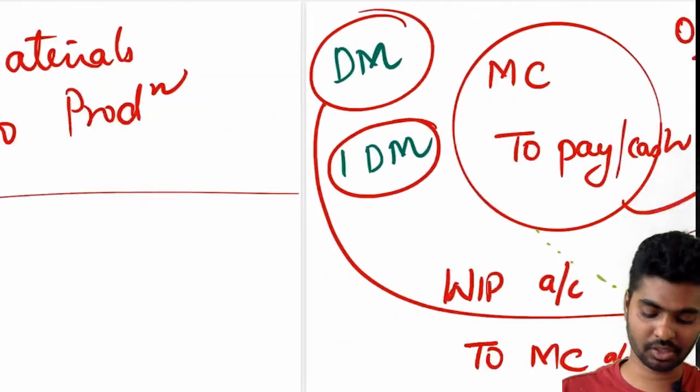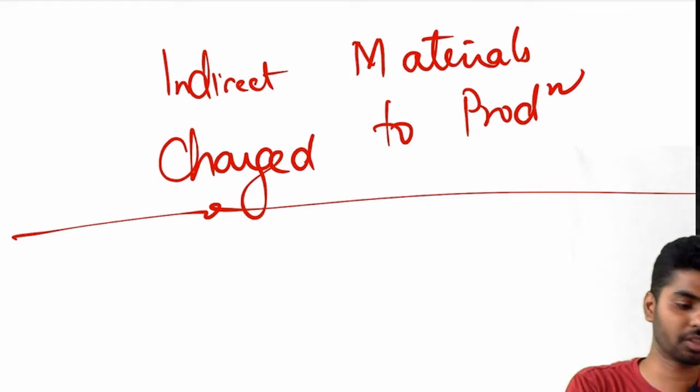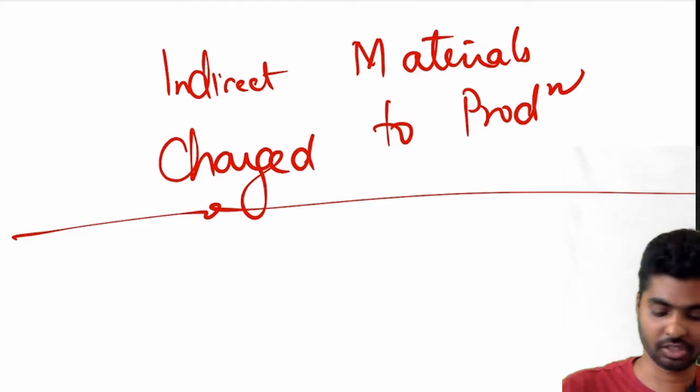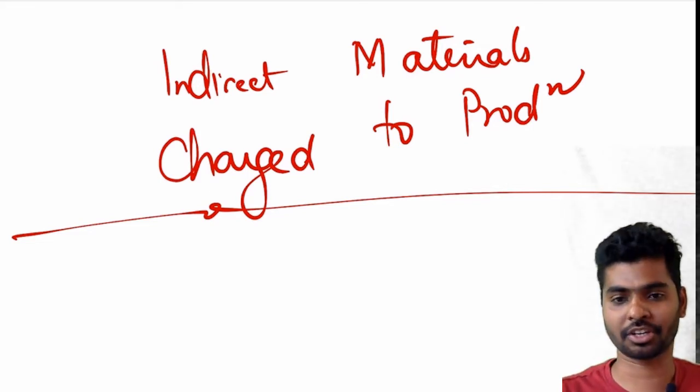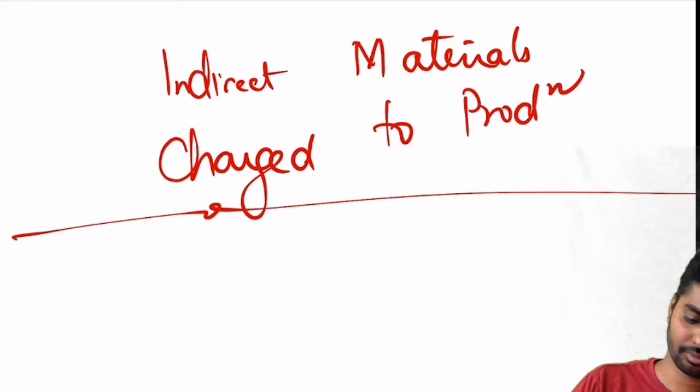Okay, super. So I want you to tell me what's going to be the journal entry for this now. What's going to be the answer? Indirect material charged to production.